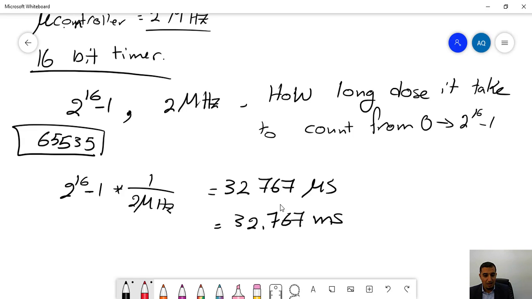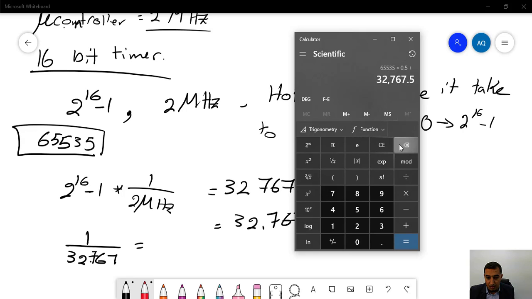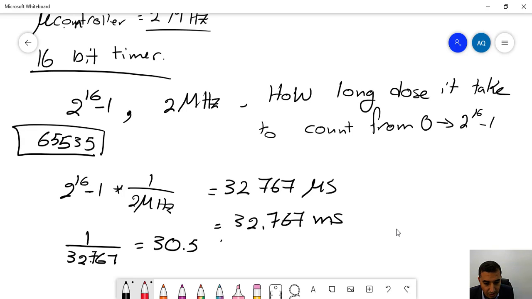In order to do that, I need to say 1 second over 32.767 milliseconds, which is 1 divided by 32.767. Multiplied by 1000, it will be equal to 30.5 times.